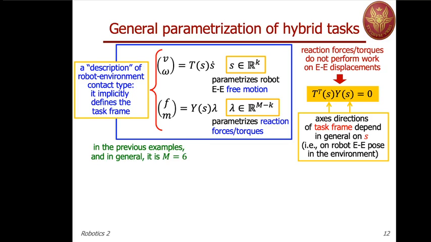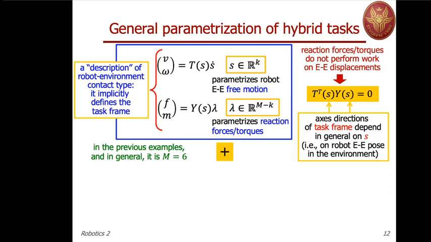In the previous example, where we introduced, as an exemplification, the frames of interest in this hybrid control problem, we used a smaller m, but in general m is equal to 6. And later on we will assume that the robot has at least, or exactly, n equals 6 degrees of freedom in order to do computation. Of course, if the robot is redundant, all the things that we know about redundancy can be applied as well. But let's not anticipate things at this stage.